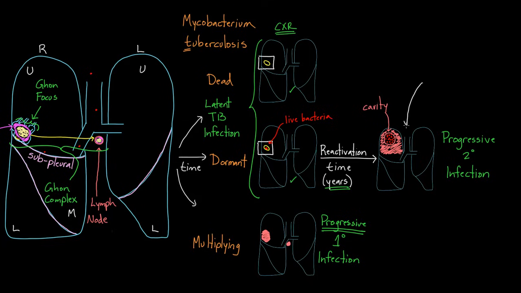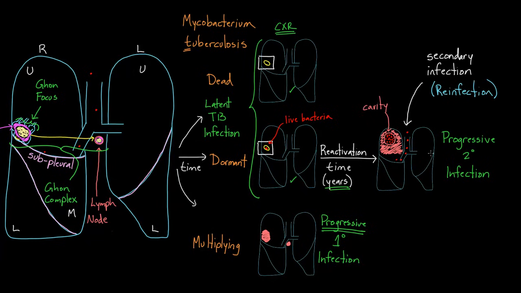Another way you can actually have this happen is through what we call secondary infection. So maybe you actually literally get more TB. Maybe you're on a bus or a boat and a second person decides to cough and TB gets into your lungs through breathing it in. That's another way to actually get progressive secondary infection. So you can also think this is reinfection, because you basically got reinfected with the same bug, right?